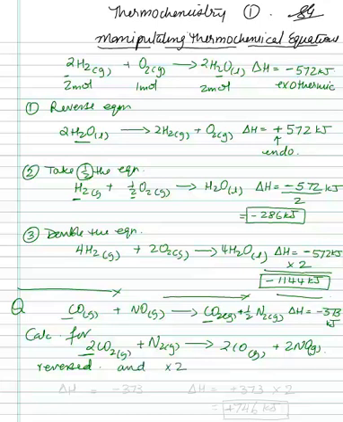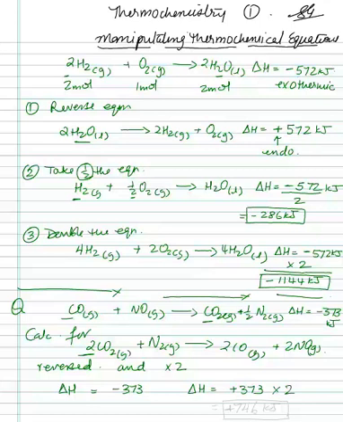That's what the equation has been manipulated into: it has been reversed and multiplied by 2. So that's the same manipulation you're going to do for delta H, which was minus 373 to begin with. Now delta H will be positive 373 and you will multiply it by 2.